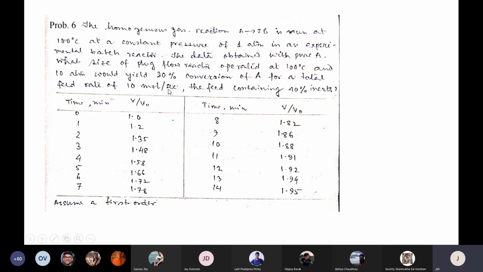Total means including inert, total feed rate. And at different time, V by V naught is supplied. Assume a first order kinetics.